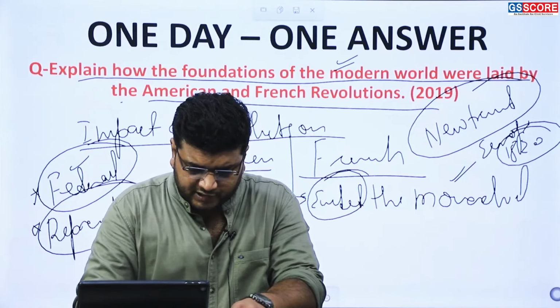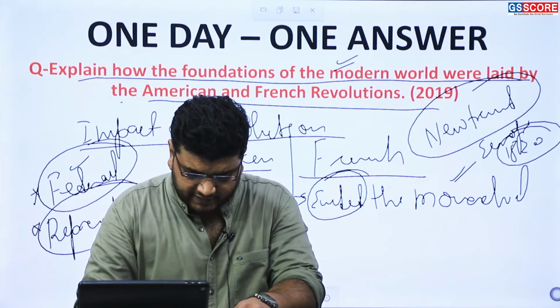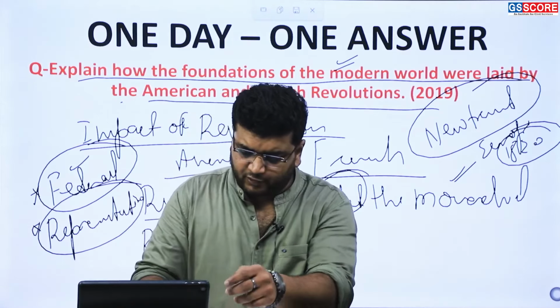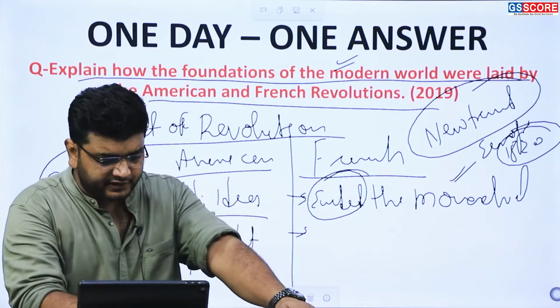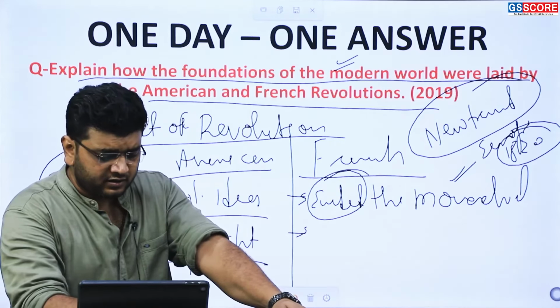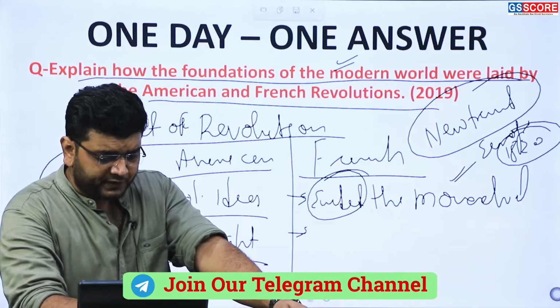So in a nutshell, we can understand this point: the spread of democratic ideals, human rights, individual liberties, inspiration for national liberation movements in India, China, etc., and in Europe itself.